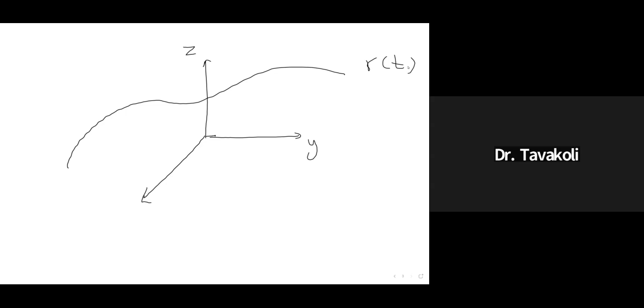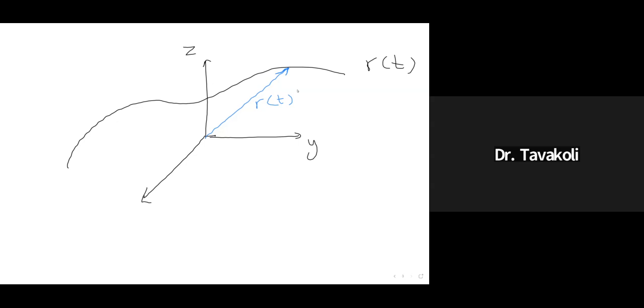Again, by r(t), I mean at any point t, we have a vector r(t) and its endpoint will be on this curve. So at any variable t, this is the vector r(t), and that curve consists of the endpoints or terminal points of all of the vectors.